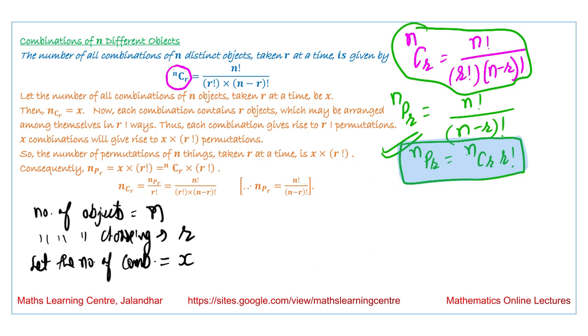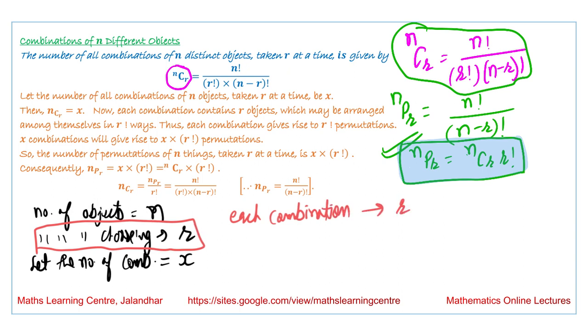So we are choosing R objects out of these N. In each combination the number of objects we have is equal to R, and these objects can be arranged in R factorial ways among themselves.